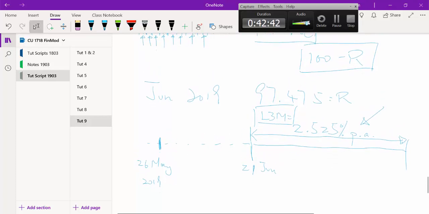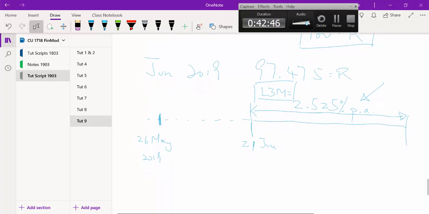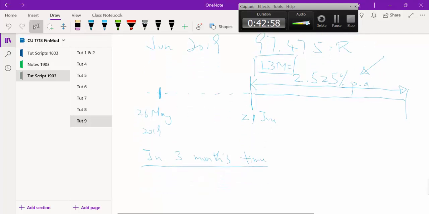So if you think that in 3 months' time, you think that the interest rate should be higher than 2.52, if you think so, okay, so that means the end value would be lower, so the futures value for eurodollars will be less than 97.475.